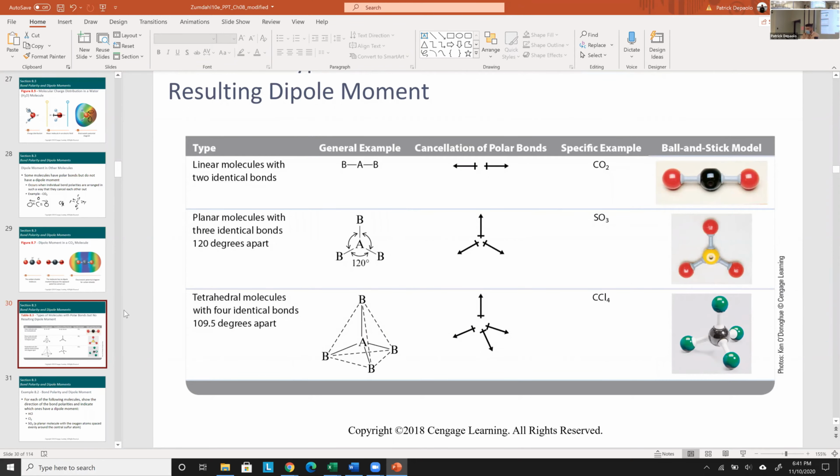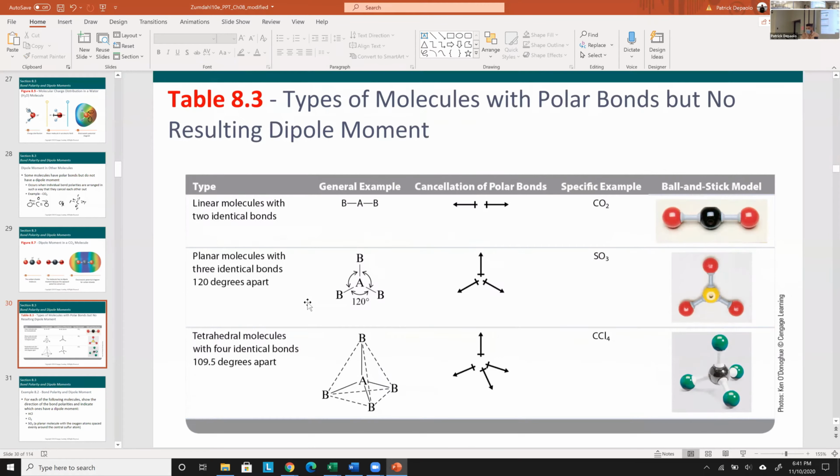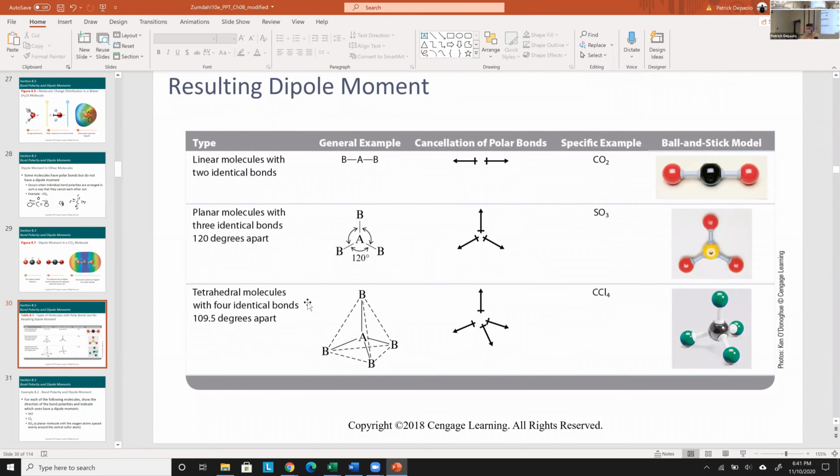There could also be net dipoles with 3 or 4 attachments, not just 2. So I showed you with 4, and here's another example, CCl4. And then here's one with SO3, and then here's one with CO2. So if you have that equal pole in every direction, basically it's going to cancel out.